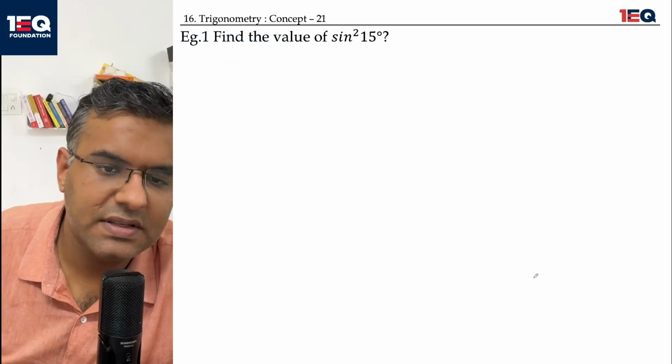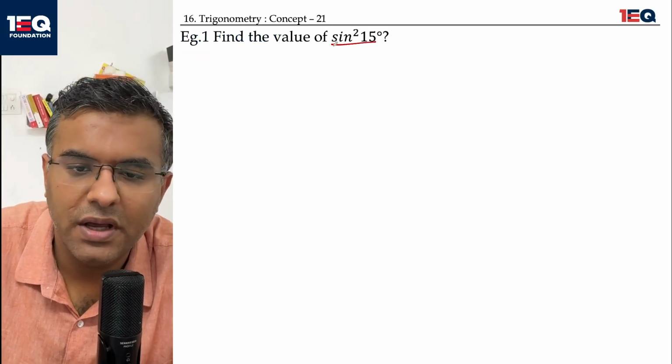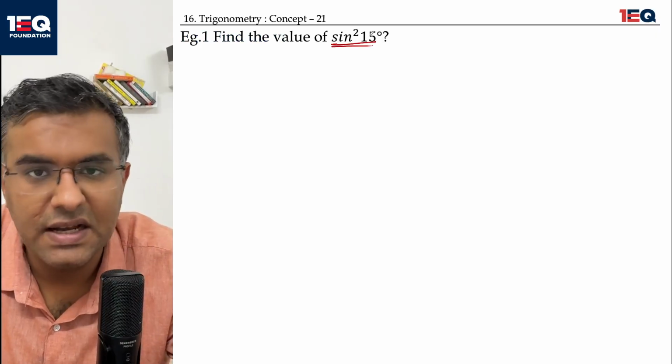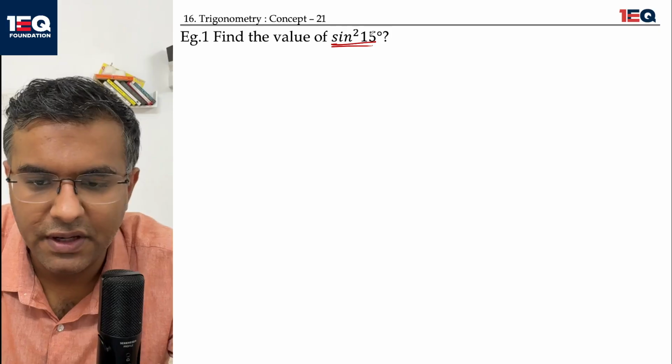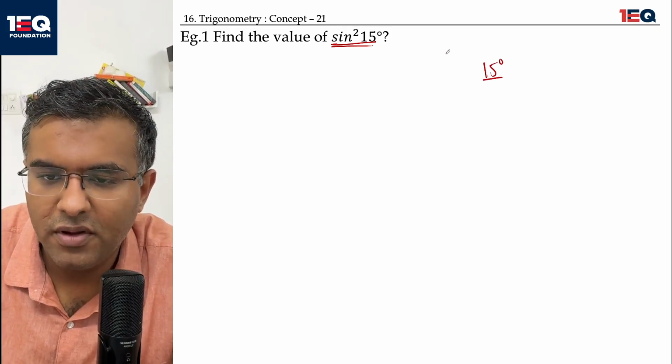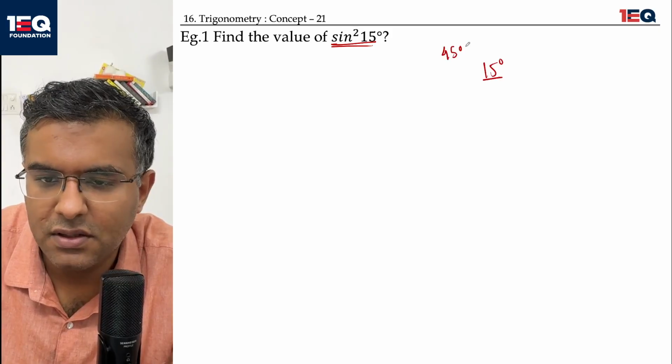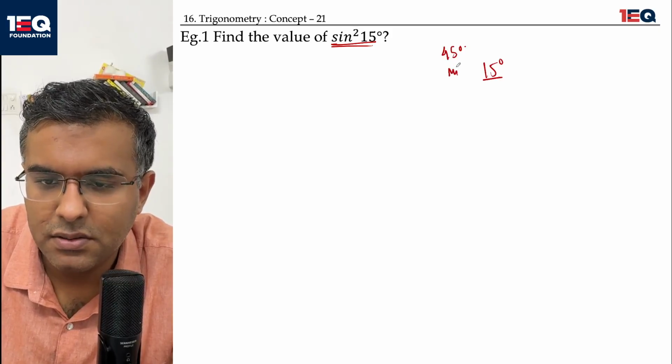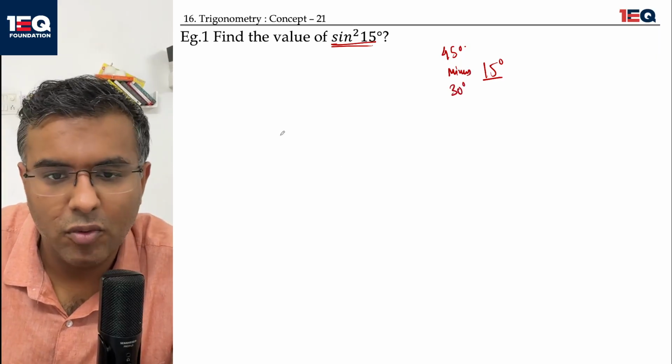Moving forward, it's asking me the value of sine square 15 degrees. So 15 degrees can be formed with the help of 45 degrees minus 30 degrees, and I know both their values.